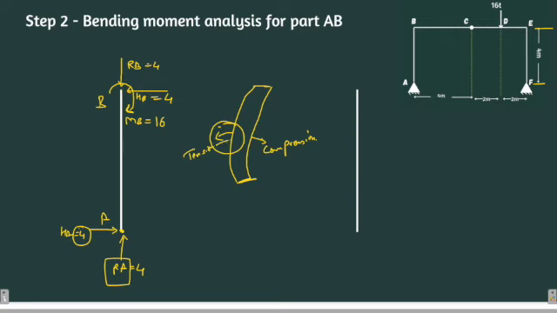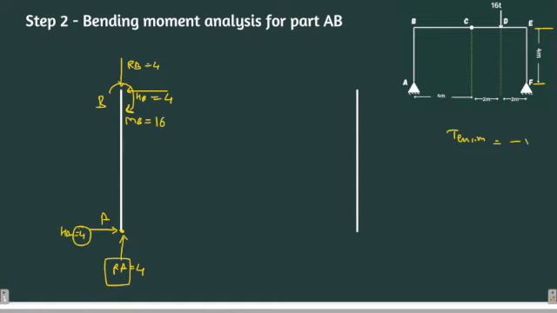Outer portion of the beam means here where tension is acting, and I'm taking tension as negative. So this moment MB is trying to rotate the beam somewhat like this, which is producing tension on the outer surface of the beam.